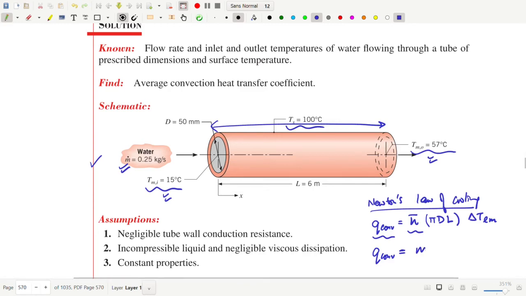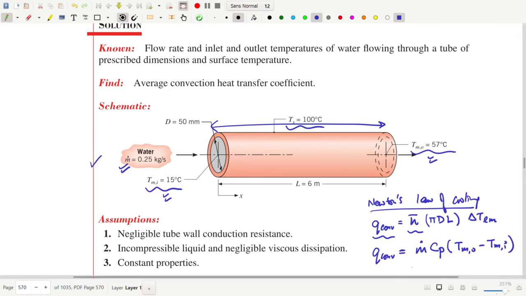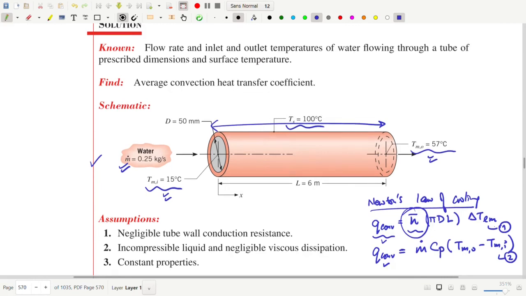From energy balance, we can write this as m dot Cp times T mean outlet minus T mean inlet. So this equation number 2 can be used to calculate Q convection, which can be substituted into equation number 1 to then calculate the h bar, because everything else is given to us.